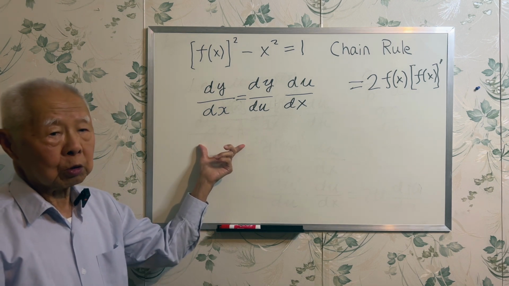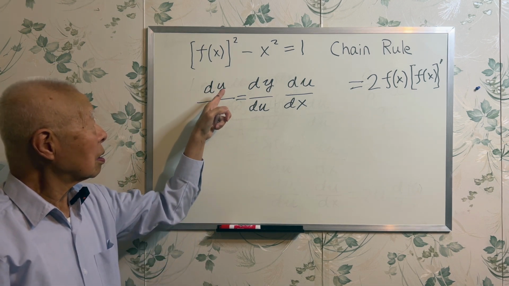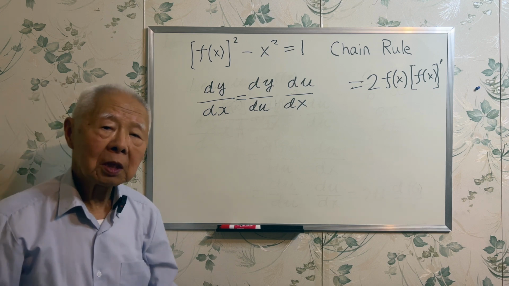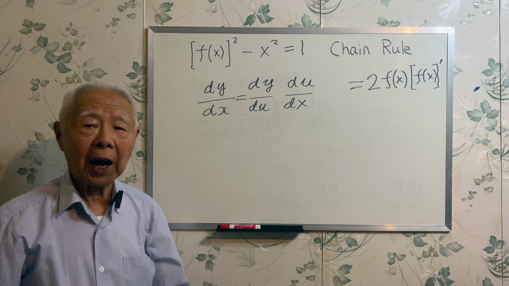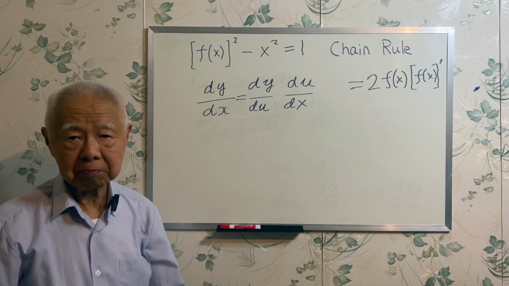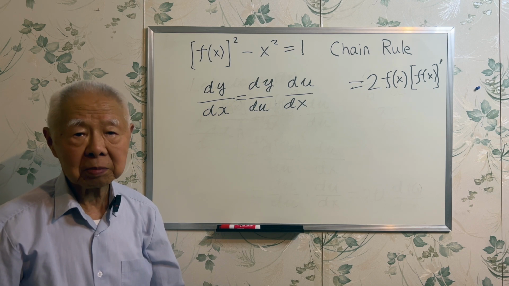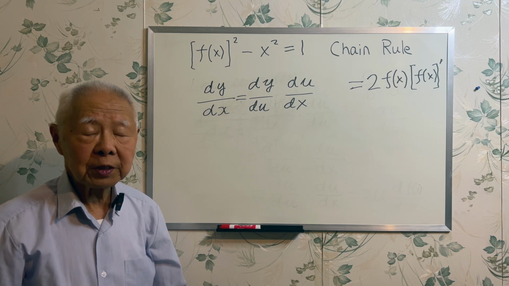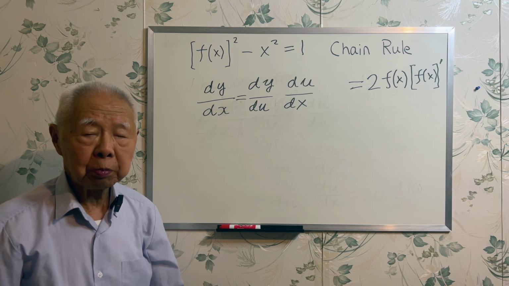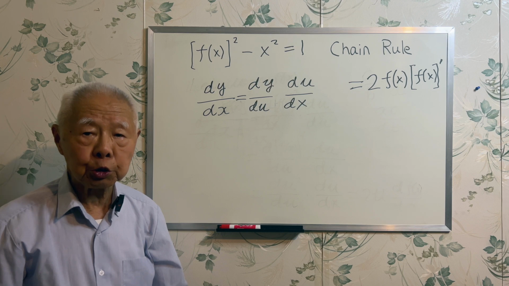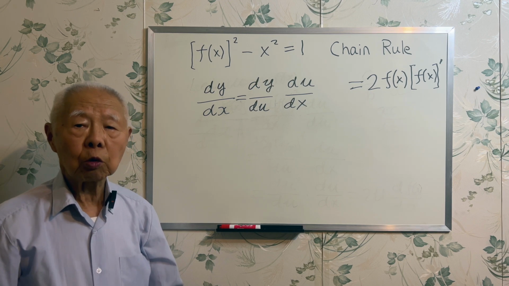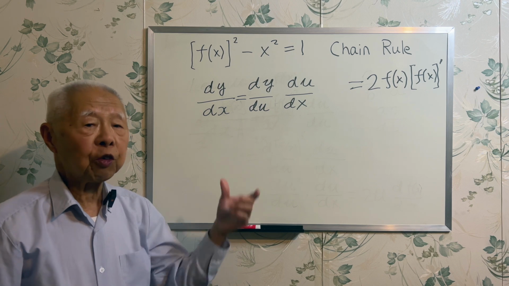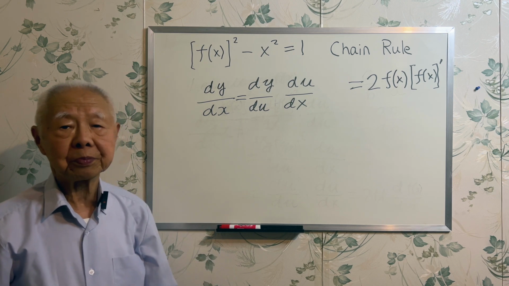This is chain rule. You have a function y. You want to find the derivative of y with respect to x. The chain rule says that you do the derivative of y with respect to another variable u, and multiply the derivative of u with respect to x. This formula is called a chain rule.